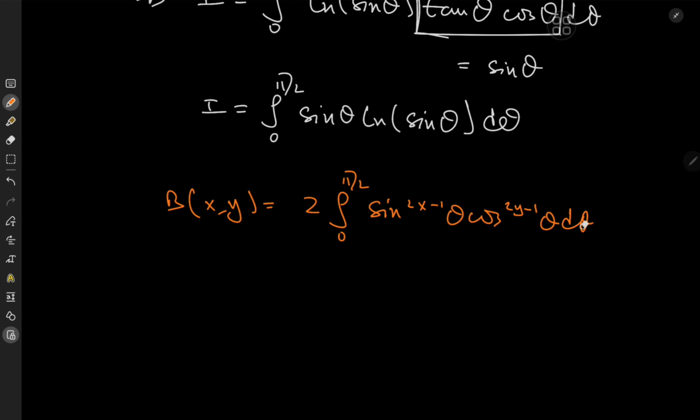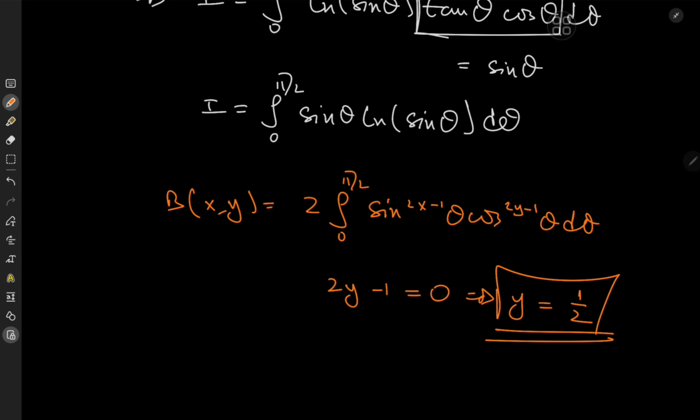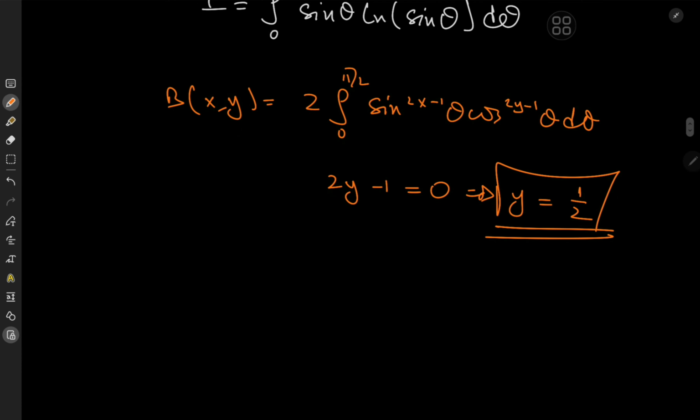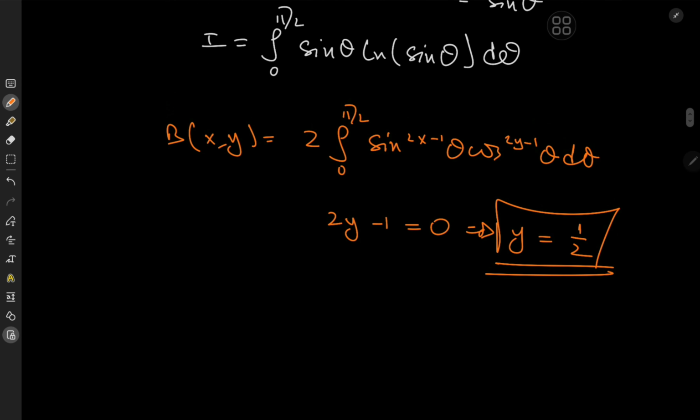And the first thing to note is that we don't need a cosine term in our integral, which means that we could just get rid of it by solving for 2y minus 1 equal to 0, implying that y here is just 1/2. Okay, cool. And if we want 2x minus 1 equal to 1 for the sine term, that will imply that we need x here equal to, well, 1.